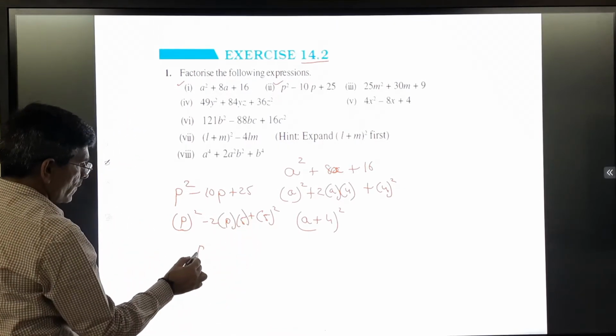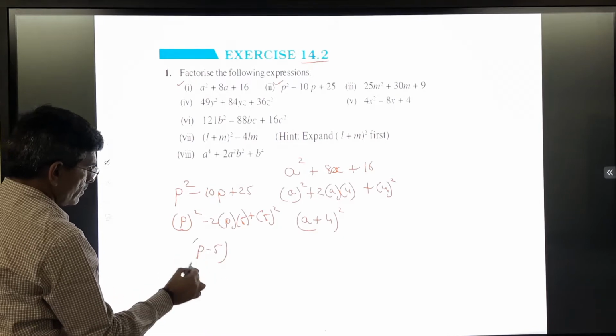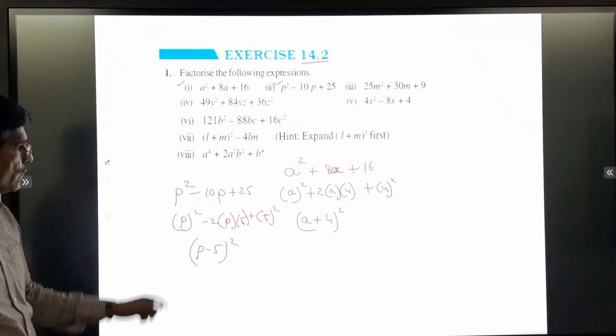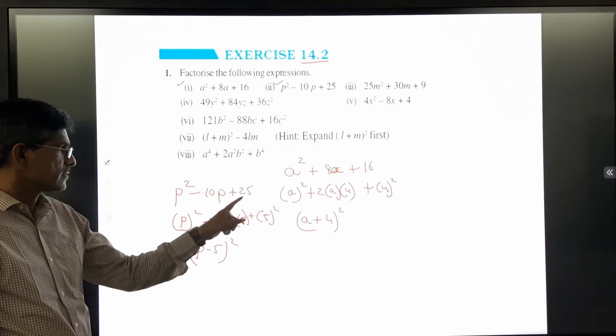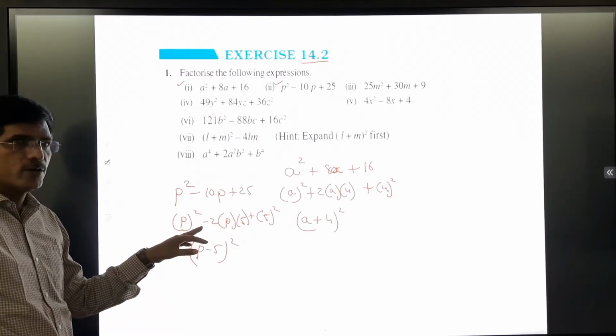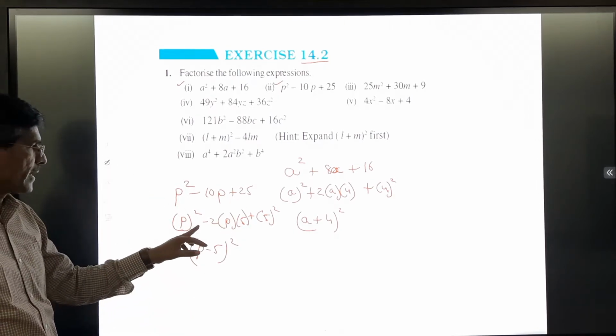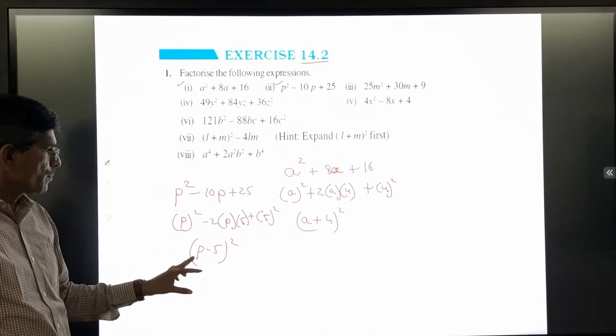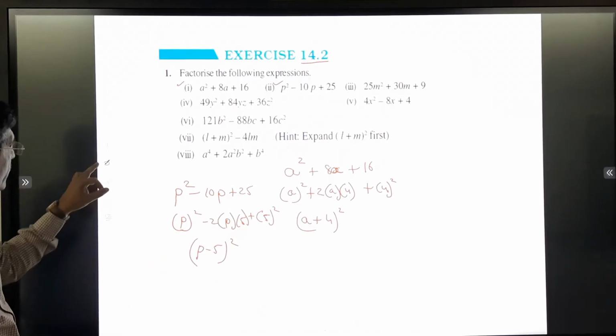Now p minus 5 whole squared. So first is p square, last term is 5 square, and in between what do I have to write? By the identity, that is minus 2 into p into 5. So p minus 5 whole squared.